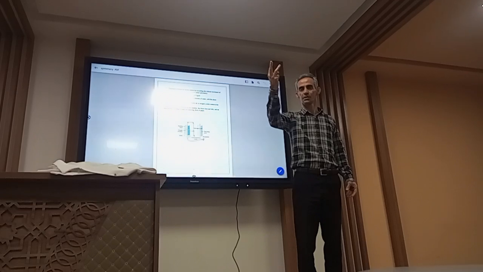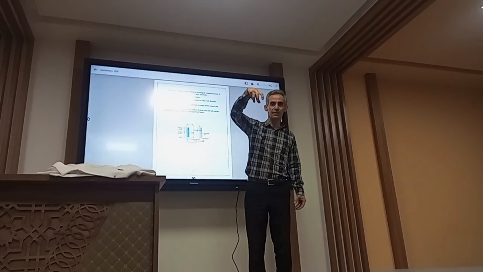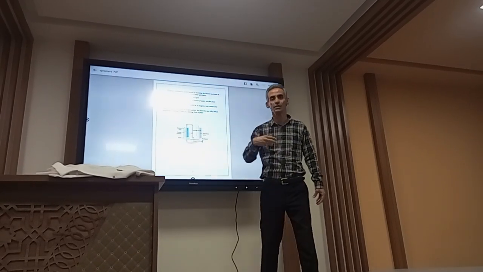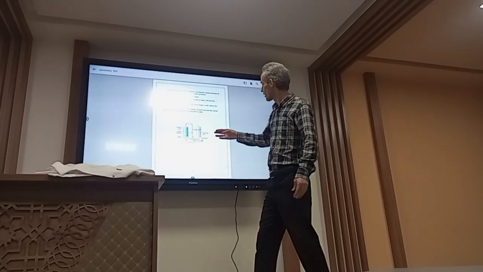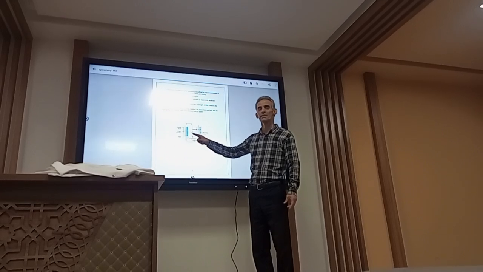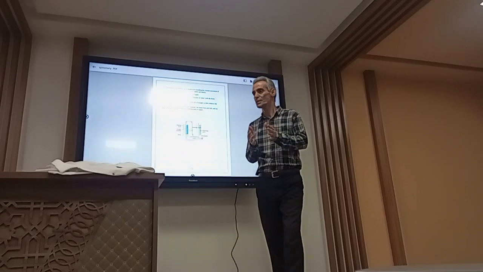But the main cylinder, as you see here, is a double wall cylinder. Between the two walls, you can find a space. This space is filled with water.